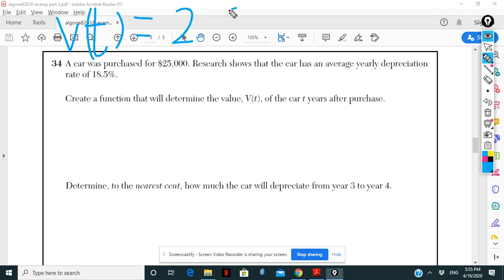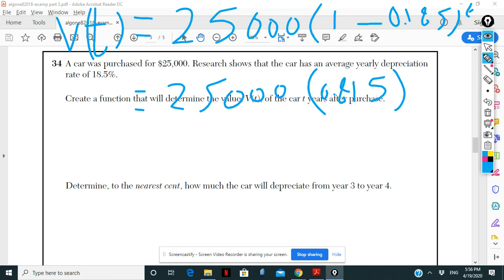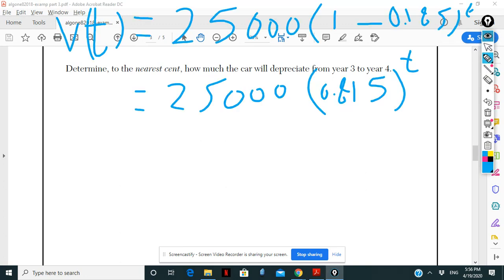So here is the initial amount times 1 minus 0.185 to the power t, which at the end is 25,000 multiplying by 0.815 to the power t.